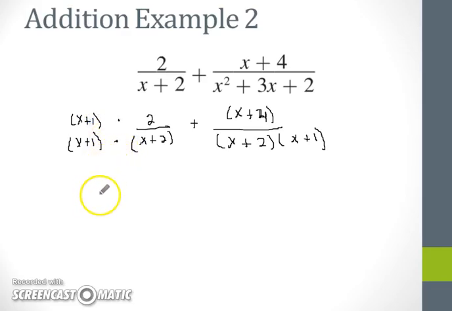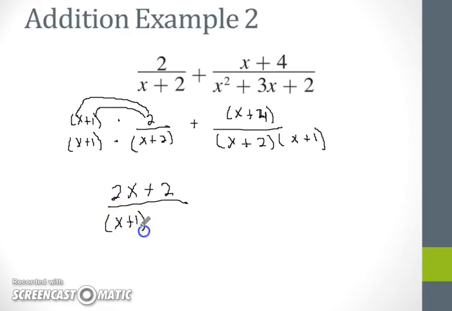So our new numerator, remember, since we're multiplying 2 times both of those, we actually have to use our distributive property. So 2 times x gets us 2x. 2 times 1, we've got plus 2, over our x plus 1, x plus 2.